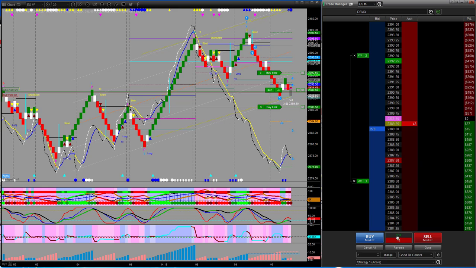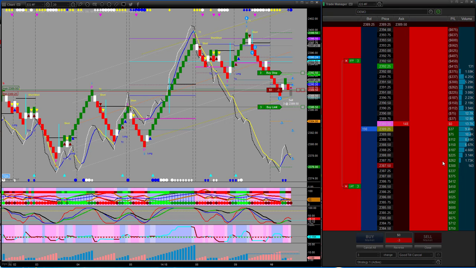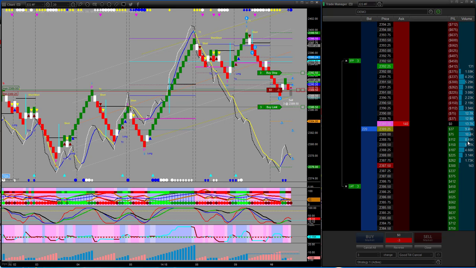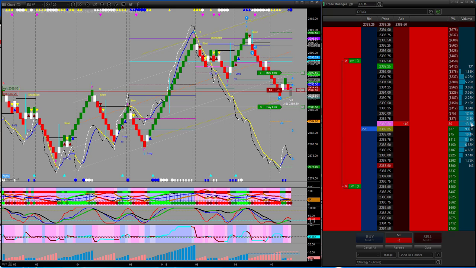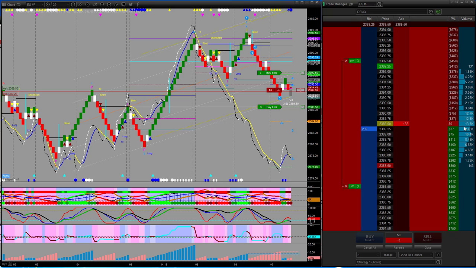We're up $37 at the moment, so we have to give this trade some room to breathe and some patience. This e-signal DOM view is very nice because you can see the volume profile here on your right hand side. The biggest volume being this level at 2389.50.